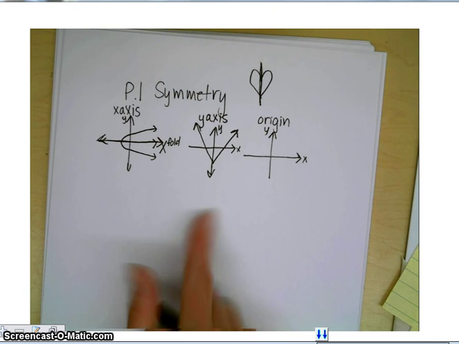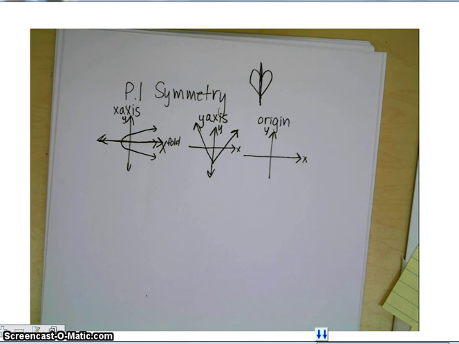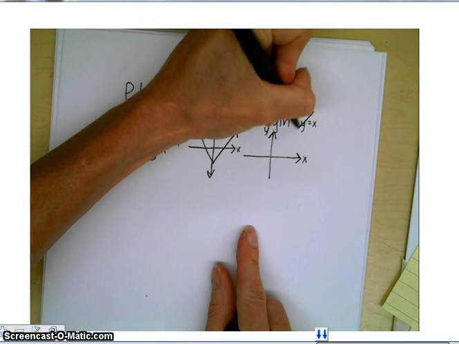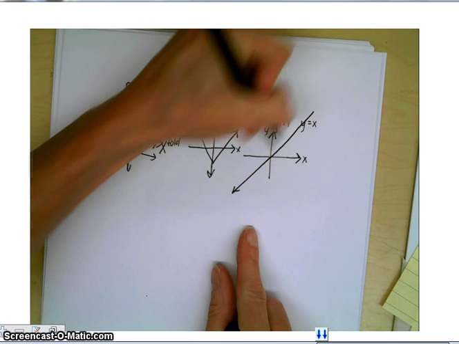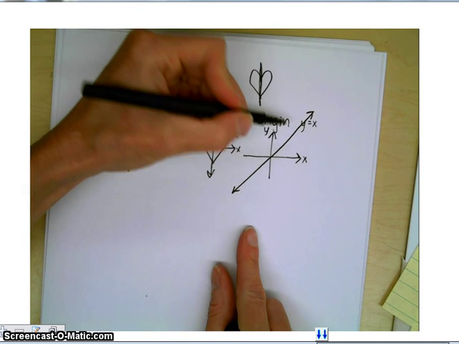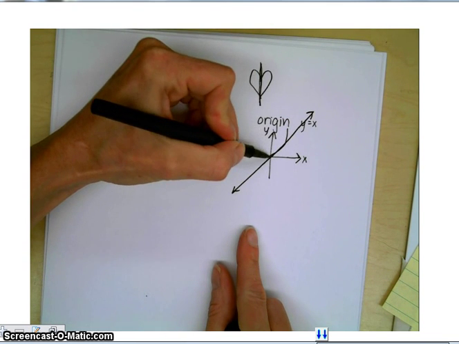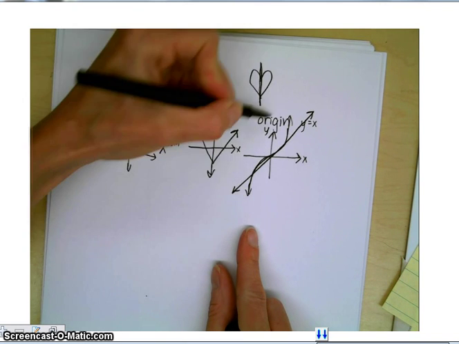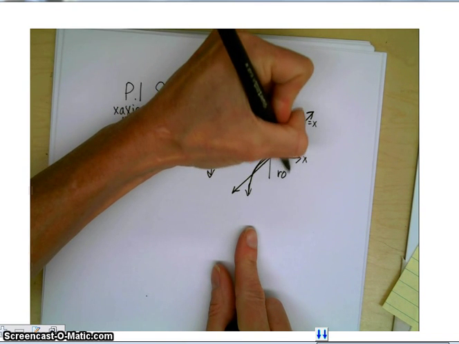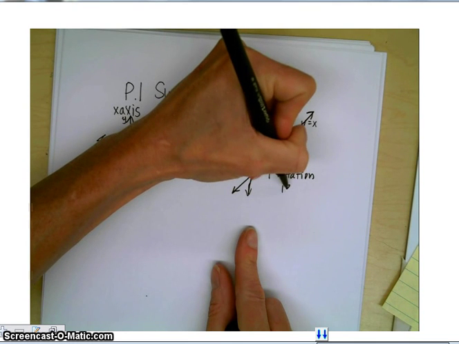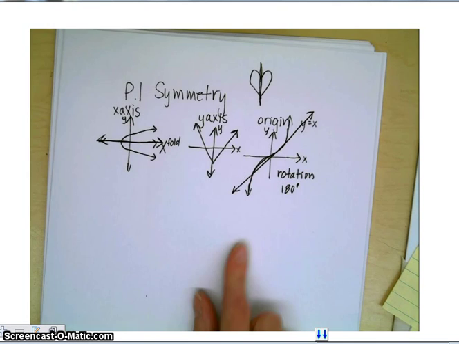And origin symmetry, the most typical equation that has origin symmetry is the line y equals x. But other things, something like this function right here, has origin symmetry. Origin symmetry is what I call rotation symmetry, and it's actually 180-degree rotation symmetry.